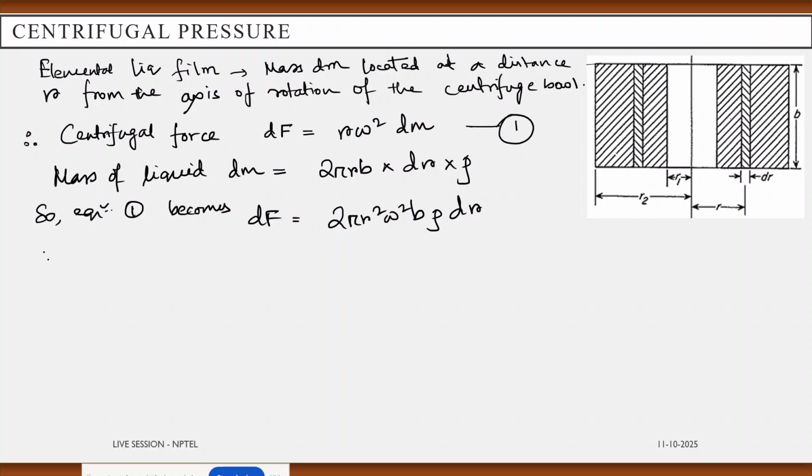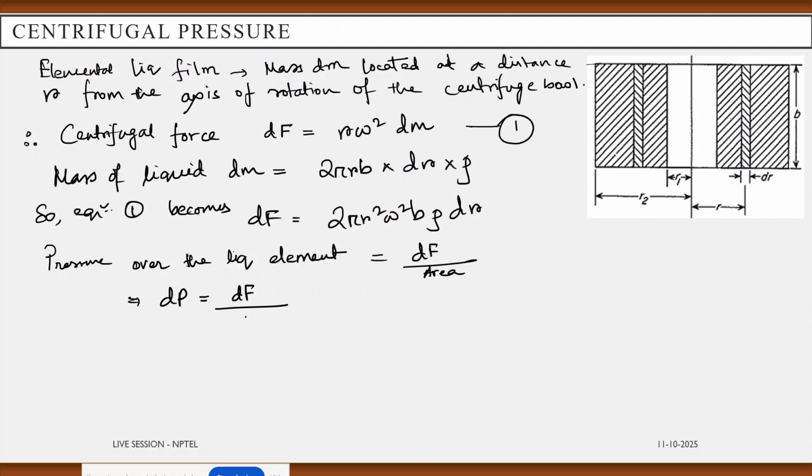Now we know the basic definition that the pressure over the liquid element is centrifugal force by area. So dP equals dF by 2 pi r b.